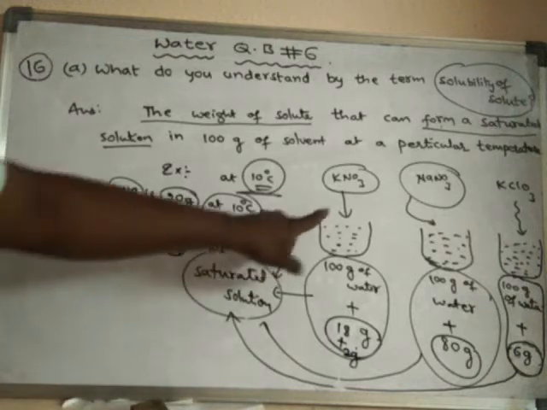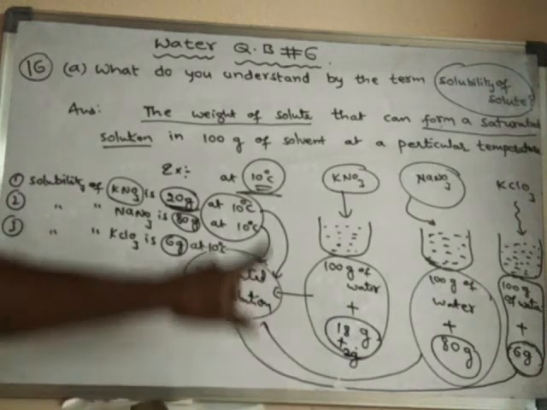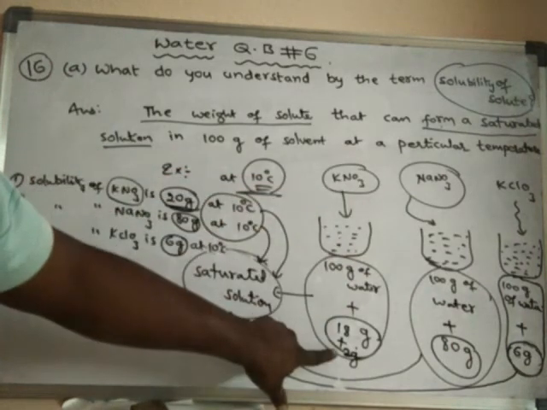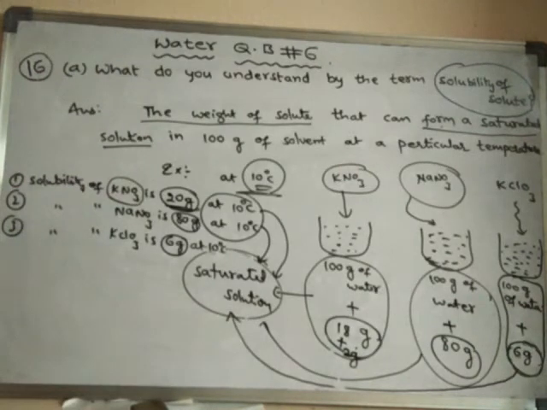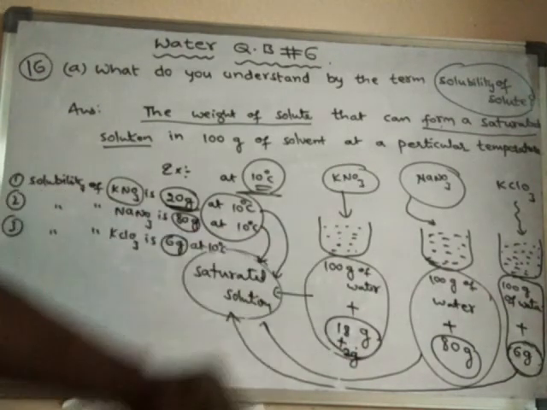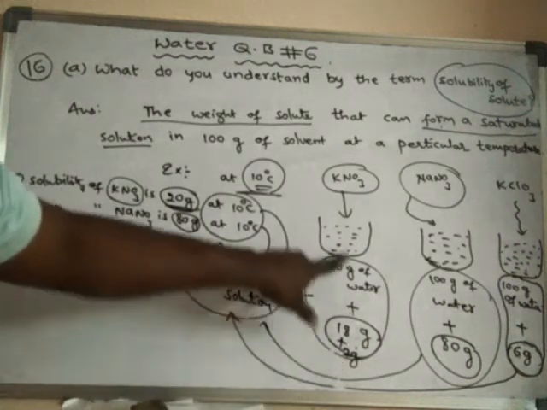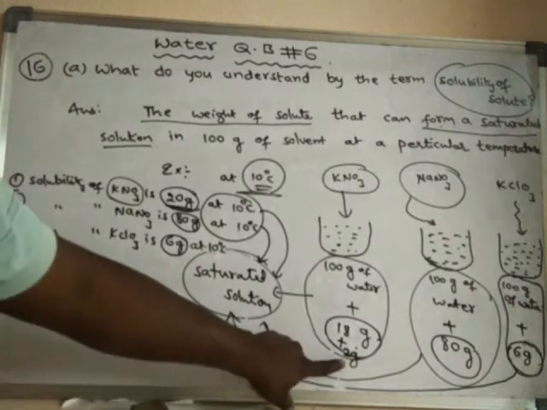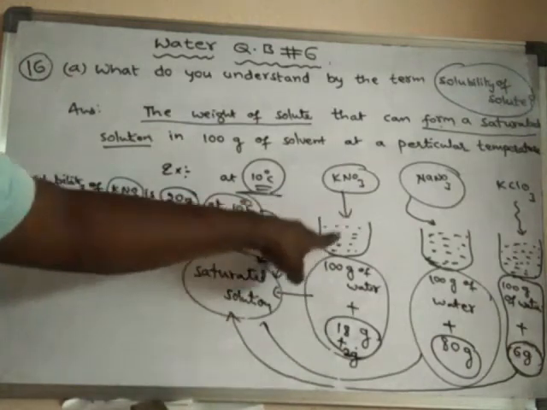So the solubility of a particular salt is fixed at a particular temperature. If it is potassium nitrate, we have to add 20 grams. Until we add 20 grams, it cannot become a saturated solution. If I add only 18 grams, will it become a saturated solution? No. It remains an unsaturated solution. That means it can dissolve 2 more grams. After dissolution of 2 more grams, it will become 20 grams, and now it will become a saturated solution.